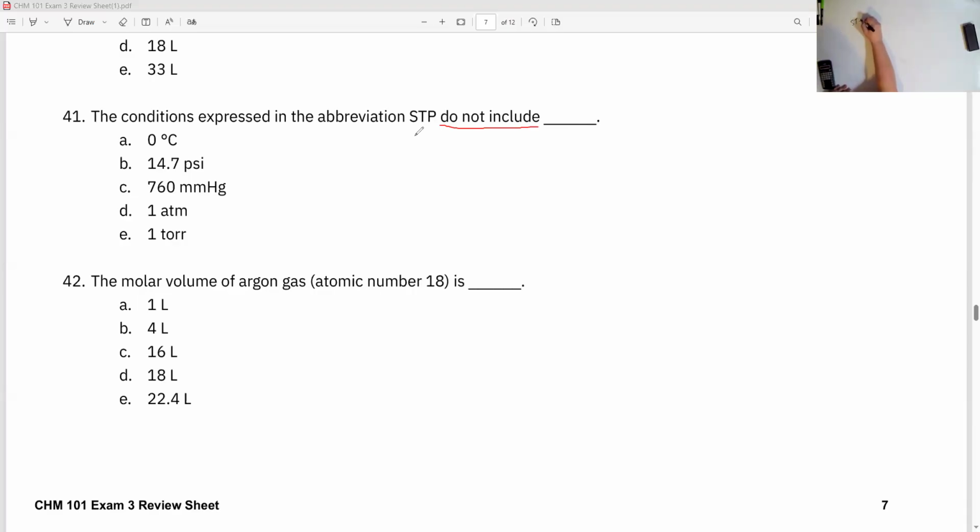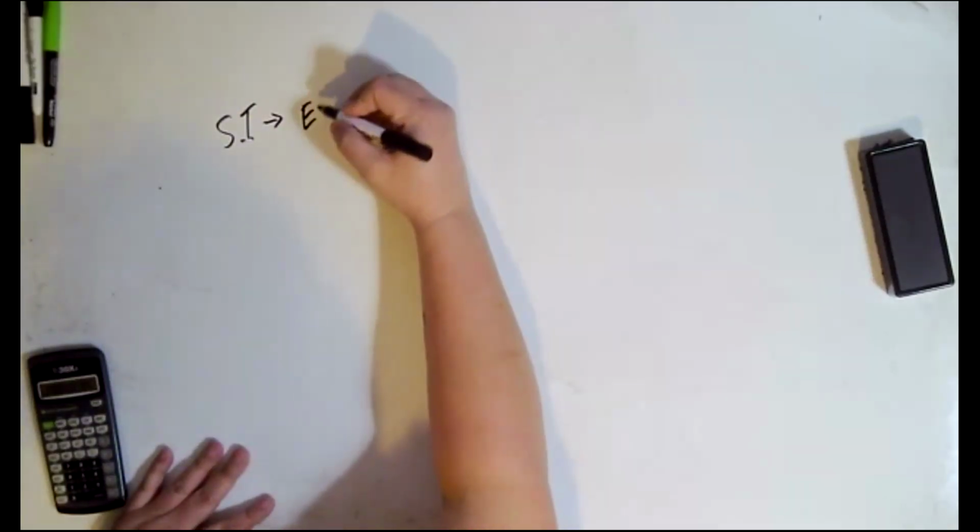So standard temperature. I will actually write this part down before we go through and mark them off.